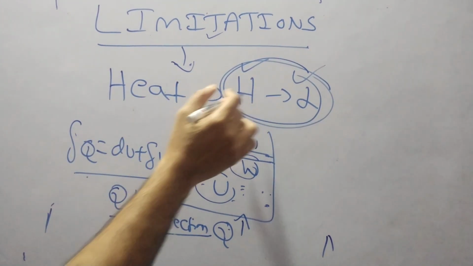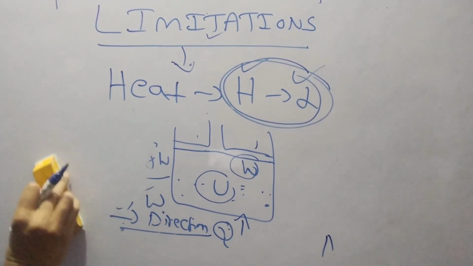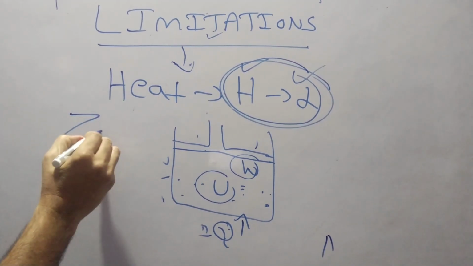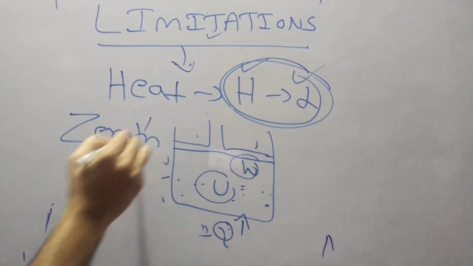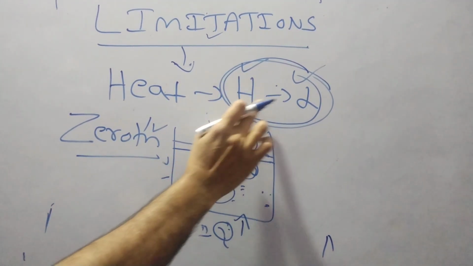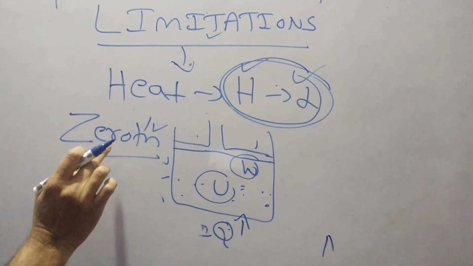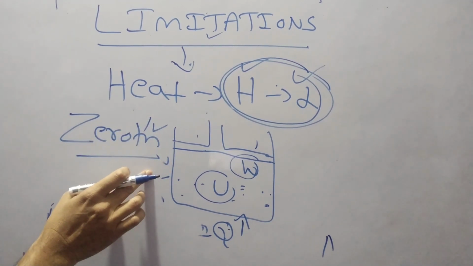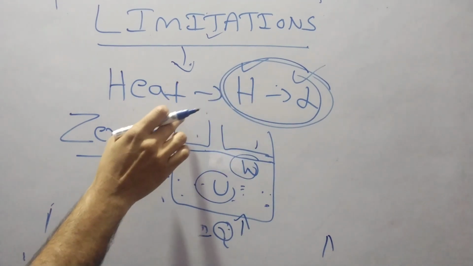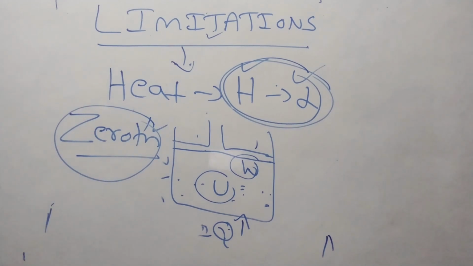That condition came when the zeroth law was defined. The zeroth law came, then this condition came, that heat flows from higher to lower. So the zeroth law was invented after the first law. When the first law was invented, this was not there.